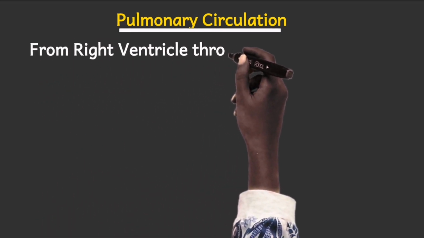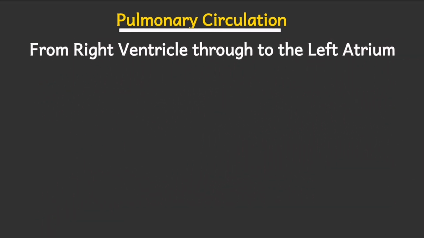It begins with a pump, and the right ventricle is the pump on the right. It begins from the right ventricle, then gets into the lungs, and then finally to the left atrium. And so the pulmonary circulation starts with the right ventricle through to the left atrium.